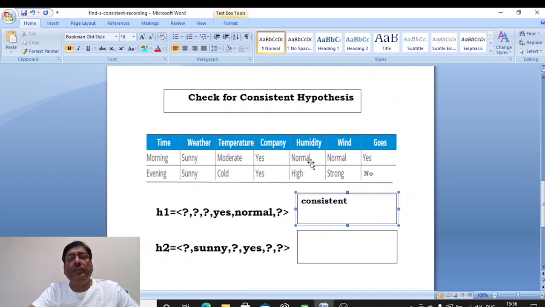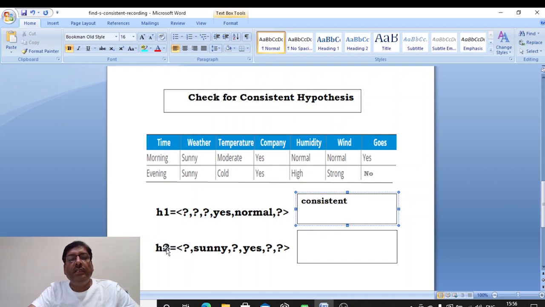This matches with the first one because there are two values here called sunny and S. It is classified as yes, and the desired is also S. Then coming to the second one, question mark matches with evening, sunny matches here, question mark matches with this, S matches with this, and question mark matches with this, strong also matches with this question mark, but it should be classified as S, but given here it is no. So it is not consistent with the second example.